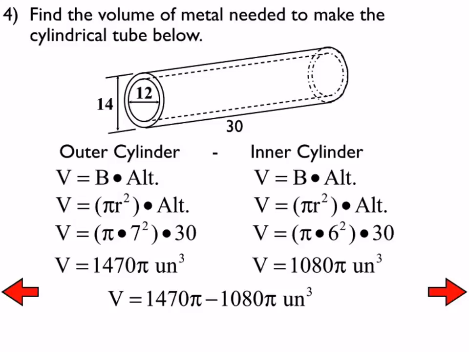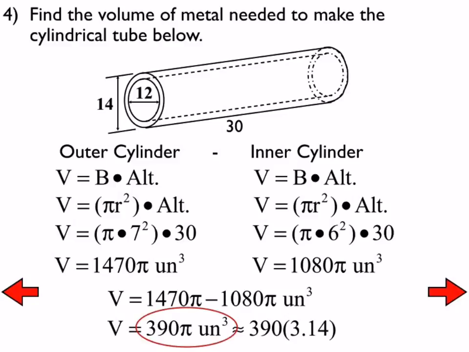And so we've talked about this idea of combining like terms with pi before. 1,470 pi, subtract from that 1,080 pi, leaves us with 390 pi, because 1,470 minus 1,080 is 390. Now that's in terms of pi. So of course, to deal with that as a decimal, you'll now multiply 390 times 3.14, and that is 1,224.6 cubic units.